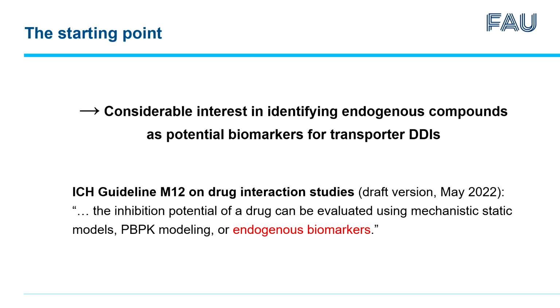So, as I mentioned, there's a considerable interest in identifying endogenous compounds as potential biomarkers of transporter DDIs. And if you look, for example, at the recent draft version of the ICH guideline M12 on drug interaction studies, they stated that the inhibition potential of a drug can be evaluated using mechanistic static models, PK modeling, or endogenous biomarkers.